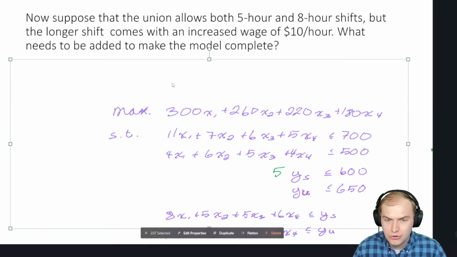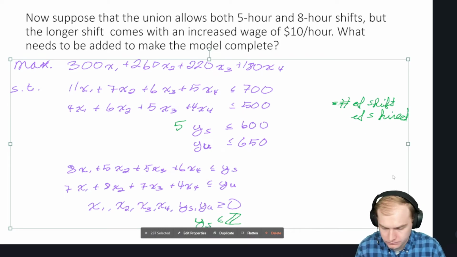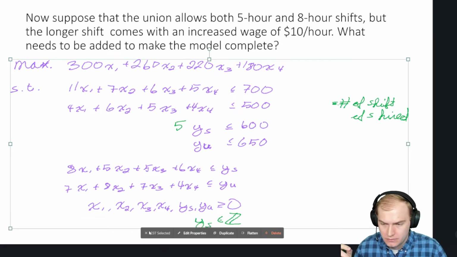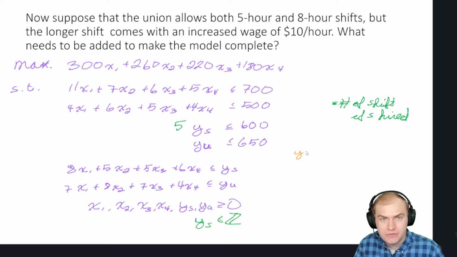So now we have two types of shifts that we can use. We have 8-hour shifts and 5-hour shifts, and they come with different hourly rates. So I'm just going to express this as y sub s with 5 for 5 hours, y sub s with 8 for 8 hours.